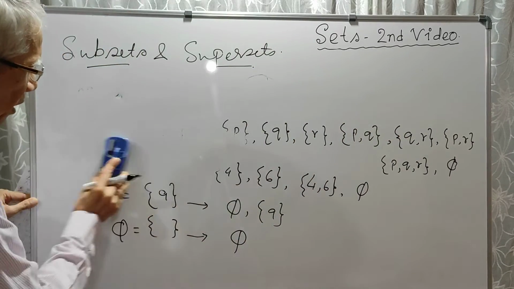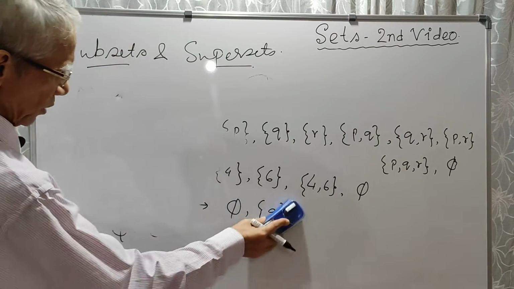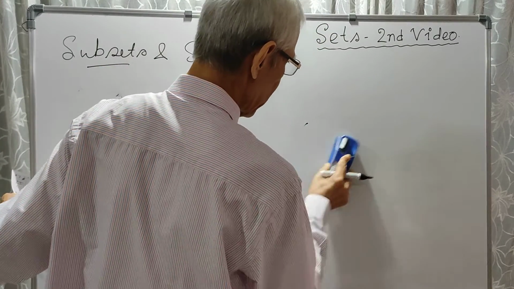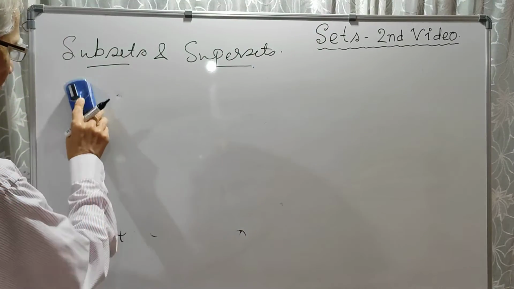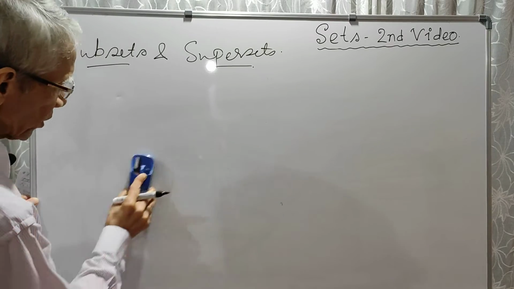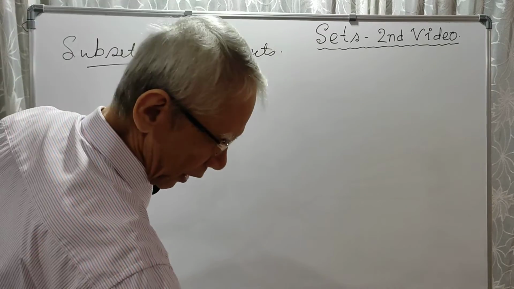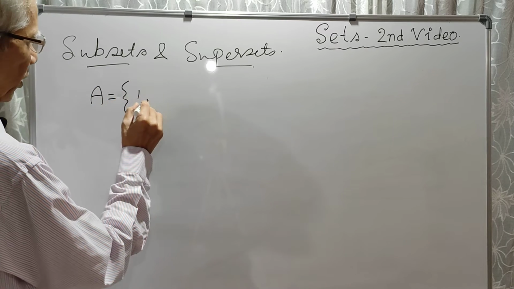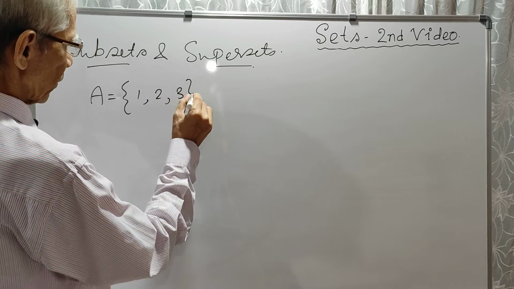Next, proper subset and proper superset. So you have learned subset and superset. Now this word, proper subset and proper superset. Now suppose this set A contains 1, 2, 3.